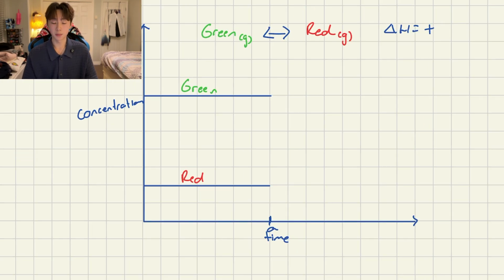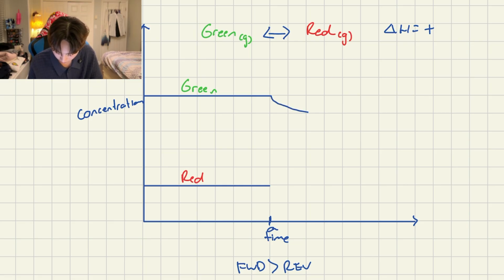So increasing the temperature at time A would increase the reaction rates of the forward and the reverse reaction, except the forward reaction rate will be greater than the reverse reaction rate because the forward reaction is endothermic, so it's affected more. And as a result, there'll be an equilibrium shift to make more products. So it will look like this, it'll go down while the products go up.